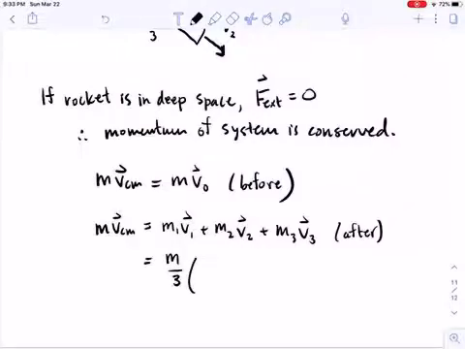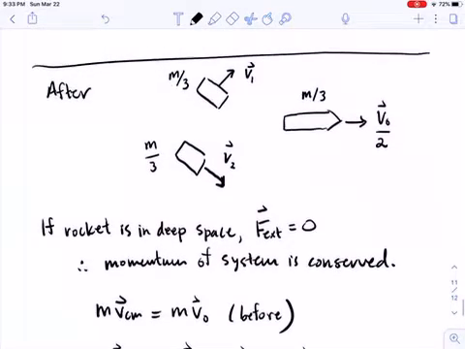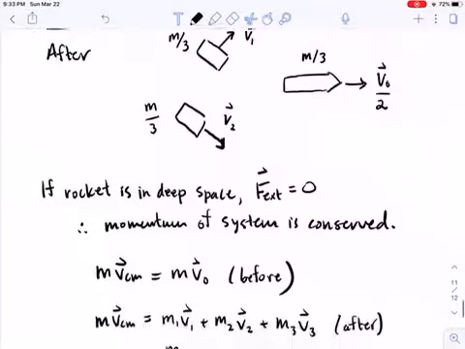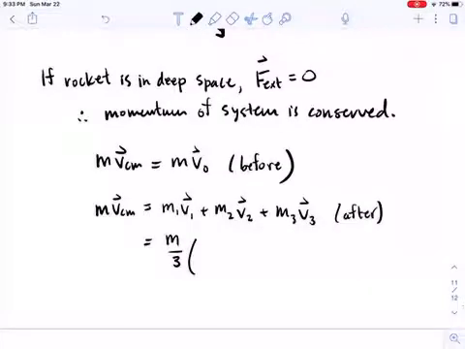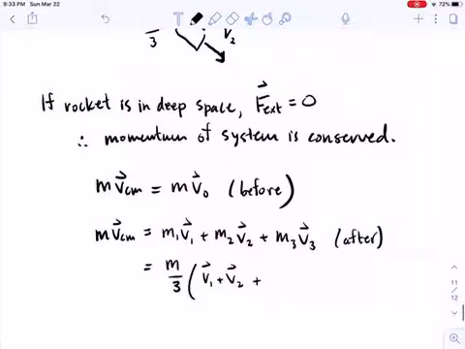And then I've drawn v1 and v2 as the ones that are moving perpendicularly. And so we must have a v1 plus v2. And then the third piece, let's call this v3, is moving with a velocity v0 over 2.